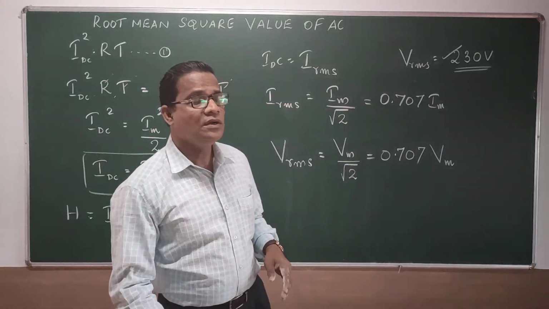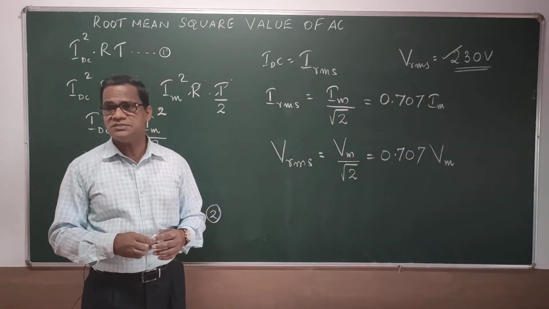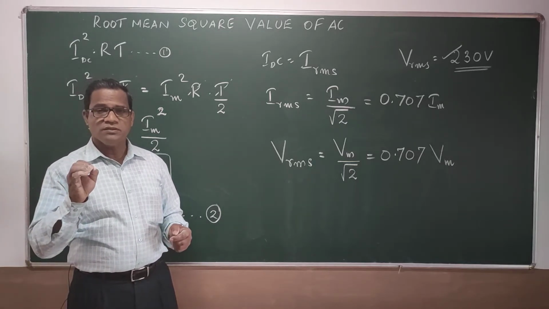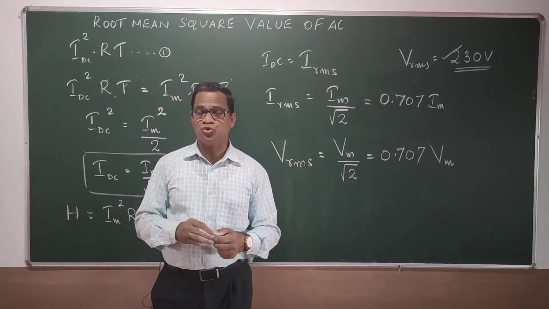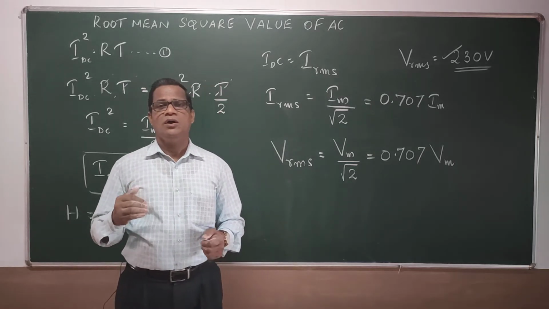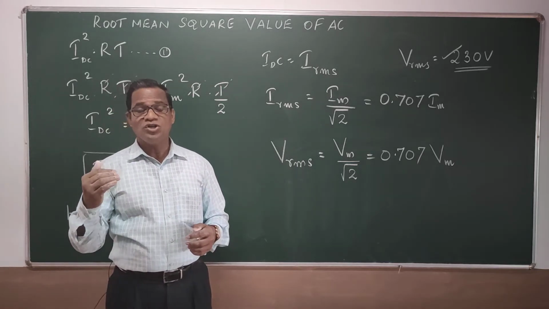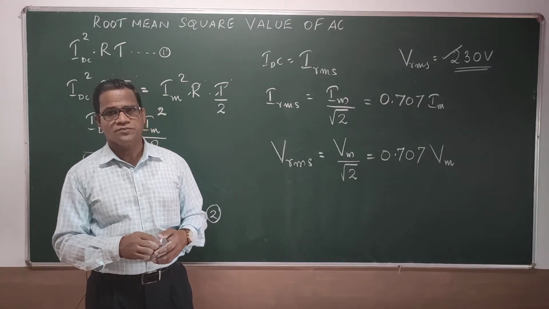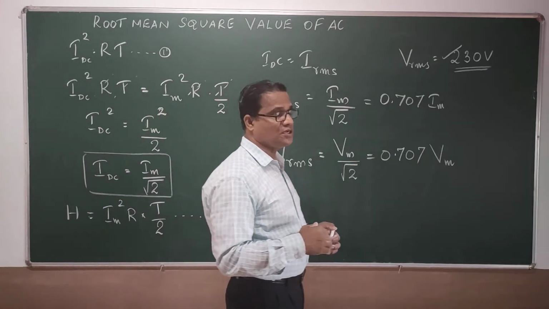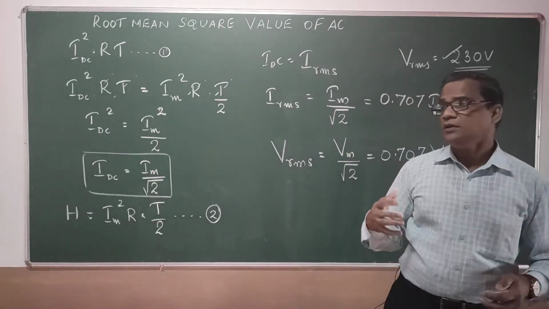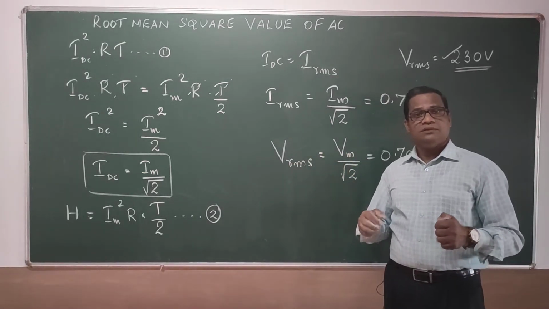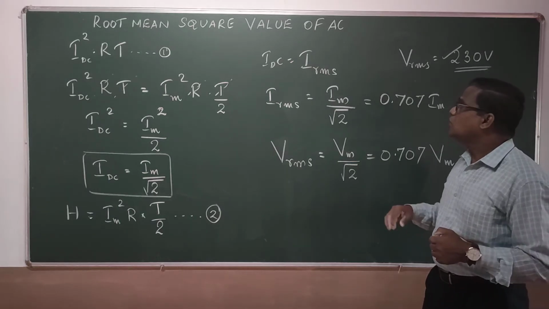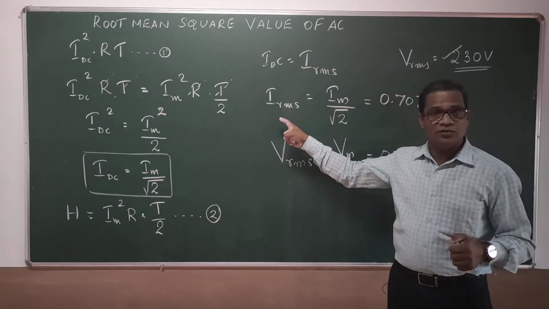And remember one more point: using AC measuring instruments, for example an AC voltmeter or AC ammeter, if you are using it to find the voltage or current, that instrument measures only the RMS value.